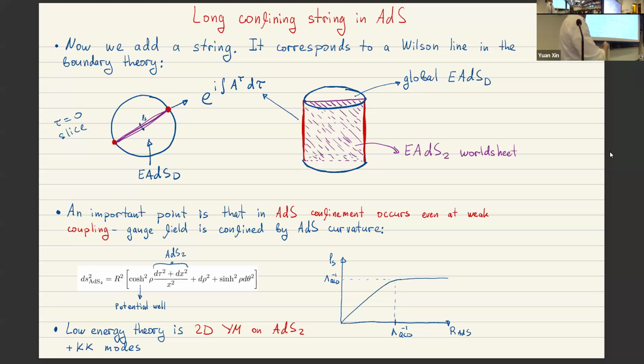Then you can KK reduce on this AdS2, and what you get at leading order is 2D Yang-Mills on AdS2, plus some KK modes, some adjoint matter coupled to this 2D Yang-Mills. That is the picture. And then you have some string tension: when we change the AdS radius, at first the string tension is just explained by the AdS potential, and then it saturates, stays constant and asymptotes to the flat space string tension. Okay, so that is the setup.